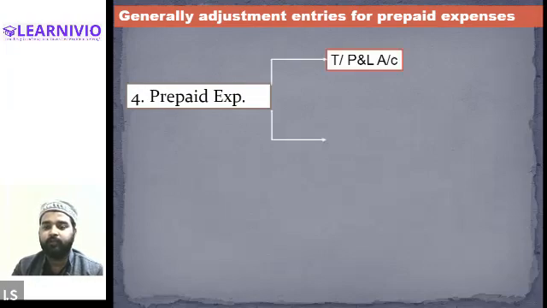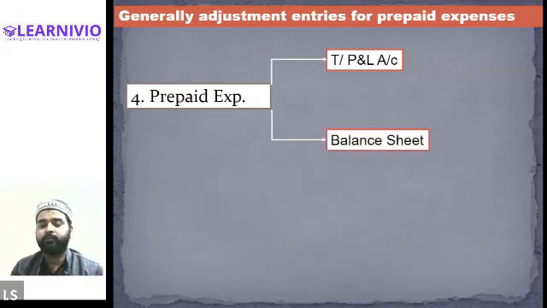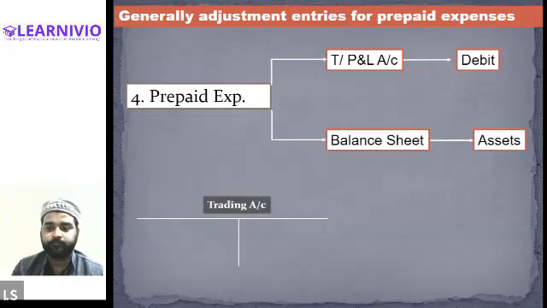First of all, we will record it in the profit and loss account or trading account, depending upon the type of expense it is. If it is a direct expense, then we will be recording it in the trading account. Otherwise, we will be writing it in the profit and loss account. And once it is recorded there, again we will be writing it in the balance sheet on the asset side. So let's suppose there is a trading account and balance sheet.